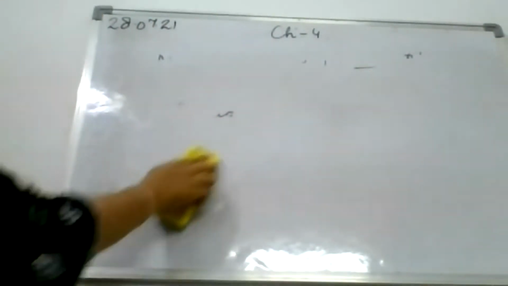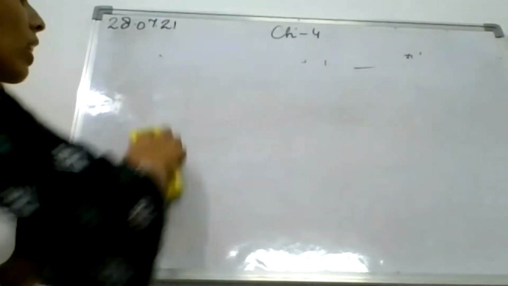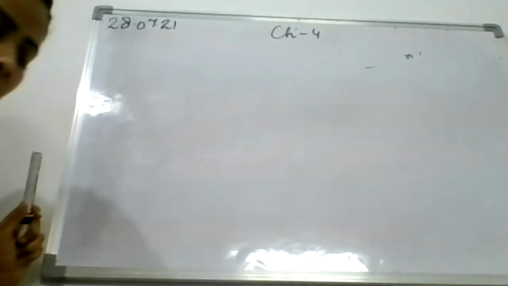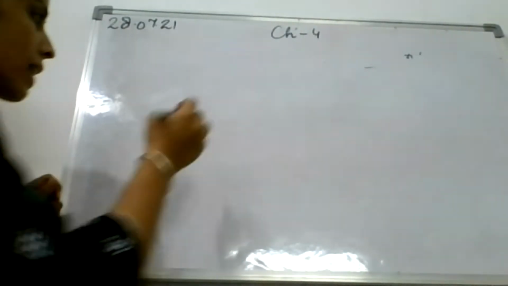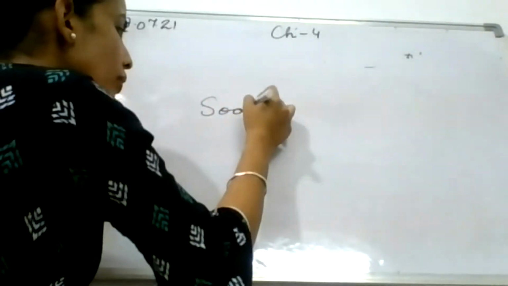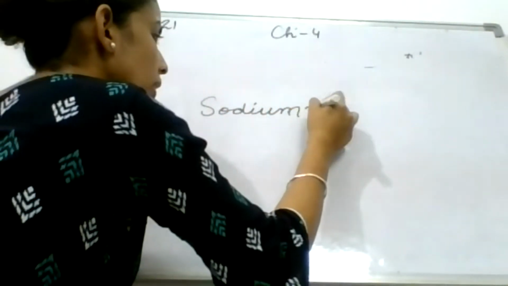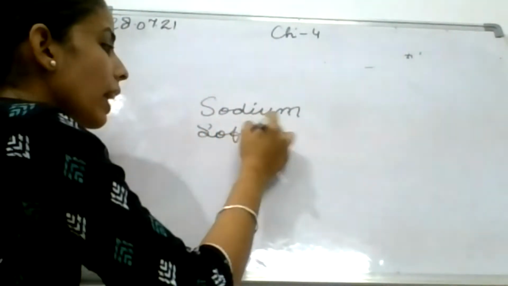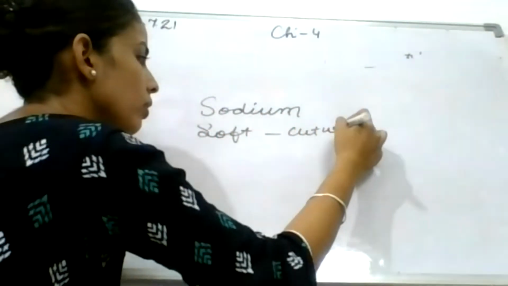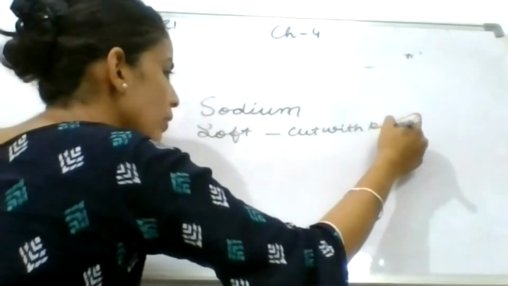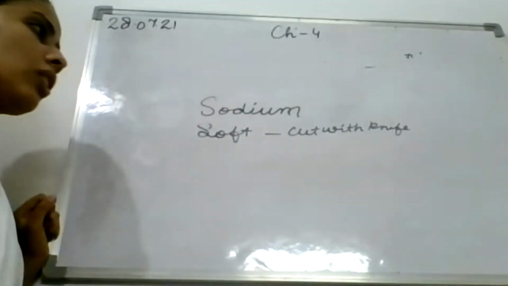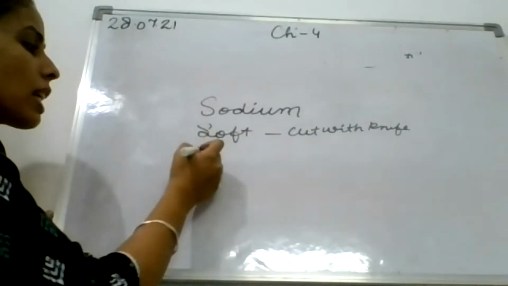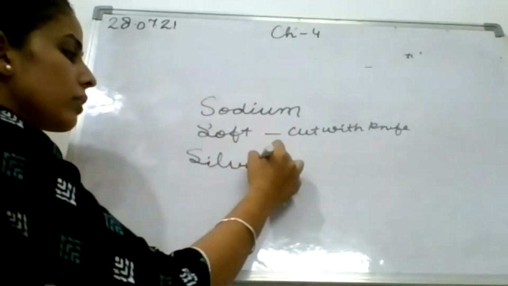And we have studied that metals are hard in nature, but this is an exceptional case. Sodium is soft in nature. It can be cut with a knife, and it is silvery white in color.